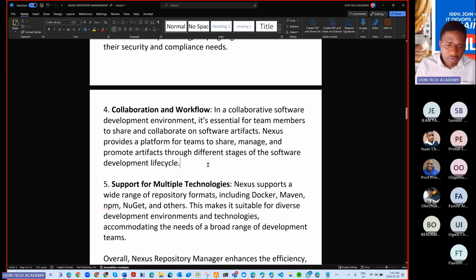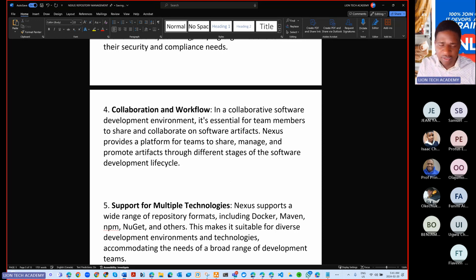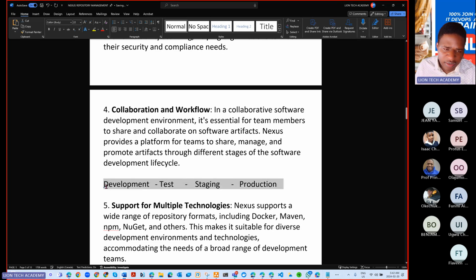So we have development, then we have test, then of course we have staging, and then we have production. We're going to look at these carefully as we progress in our program.